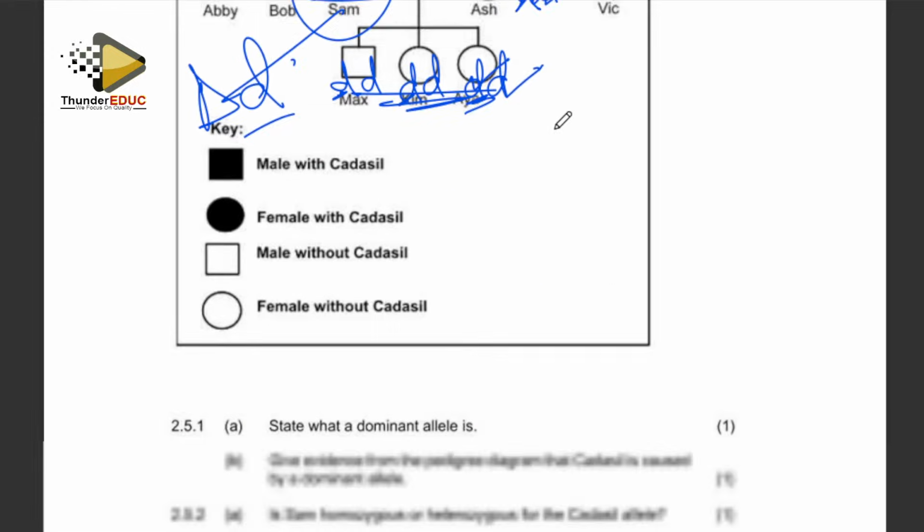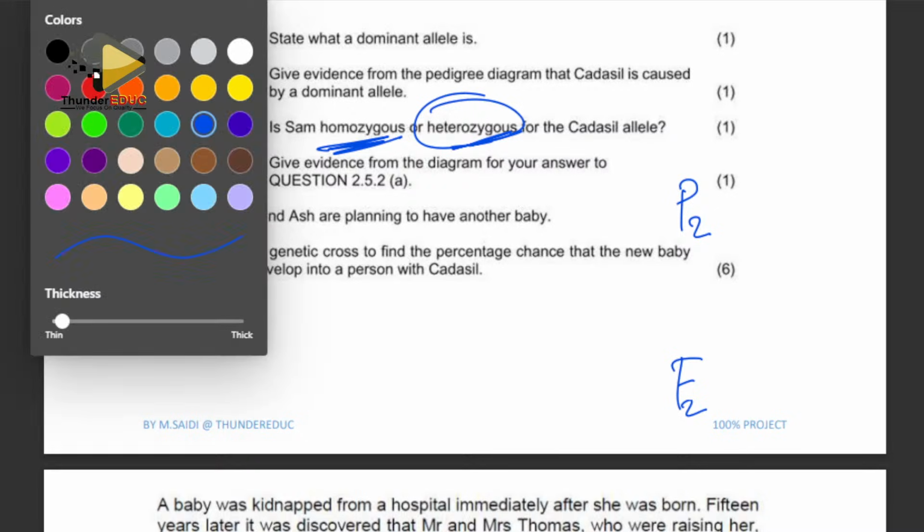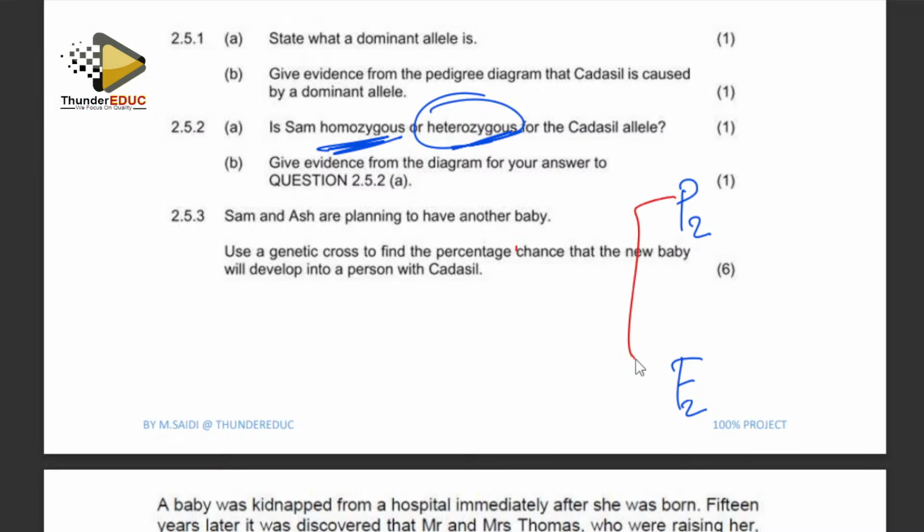They want to produce the second baby, so in this case I have to do P2 and F2, the second generation. When you are marking, the moment you do it like that, we give you a mark. Make sure that you write P2, F2, or P1, F1.